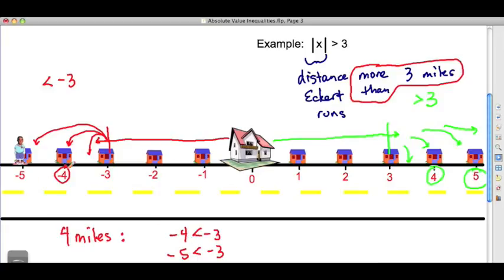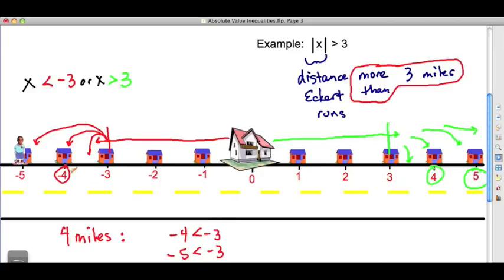All of these numbers over here are less than -3. So what we got here: x is less than -3, or x is greater than 3.